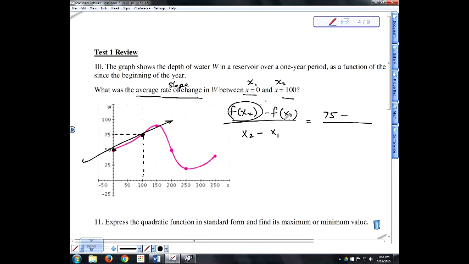Now, f of x1 is f of 0, so if we go to 0 on the graph, it's at 50, so f of 0, or f of x1, is equal to 50. x2 minus x1 is 100 minus 0, so that's 100. You get 25 over 100, which is 1/4.